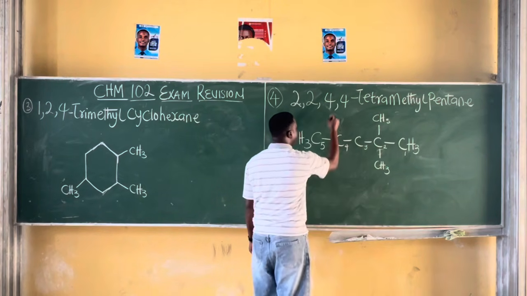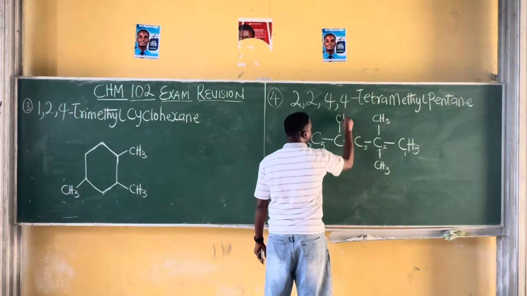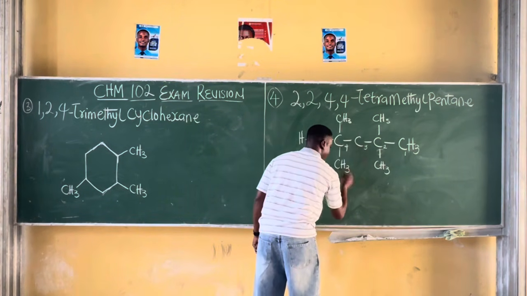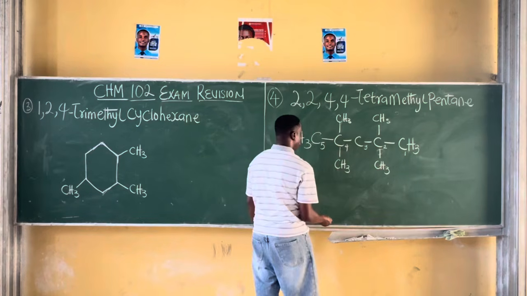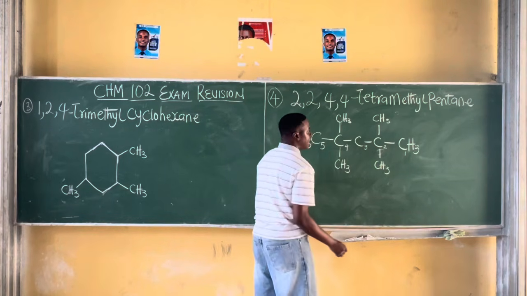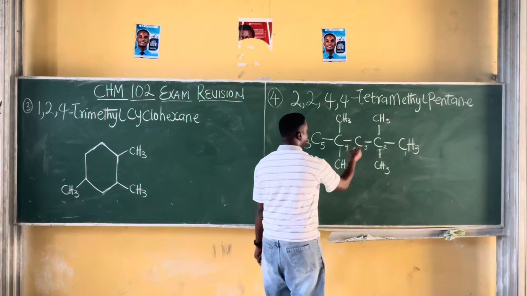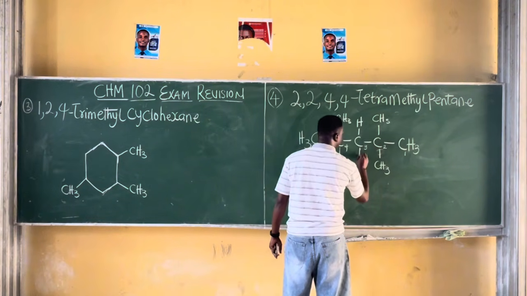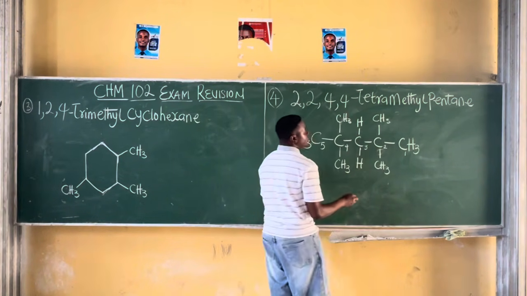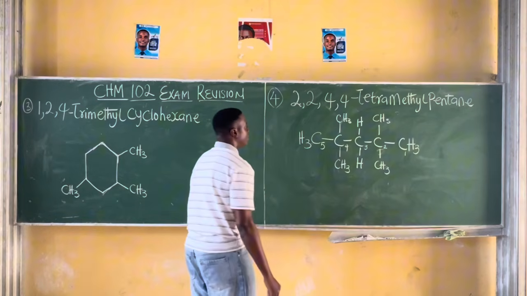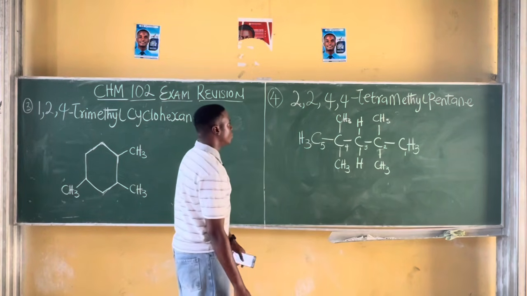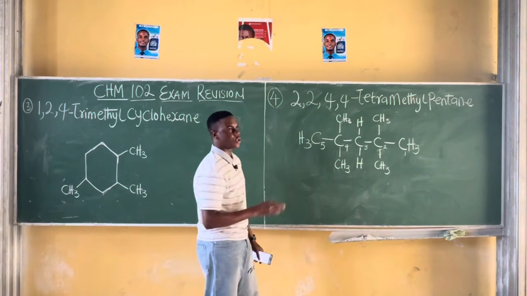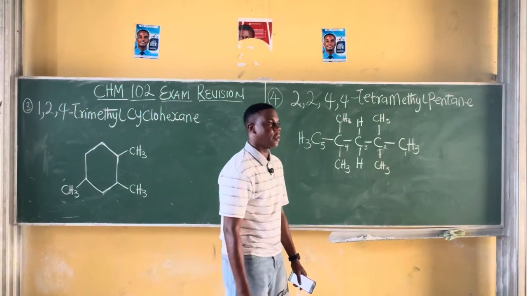The same thing I'll do on carbon 4, CH3 and CH3. All right. So is there any carbon that is not fully satisfied? Yes, carbon 3. So over on carbon 3, I'll put H and H. So with this, I've drawn 2, 2, 4, 4 tetramethylpentane. This is the structure of that compound.